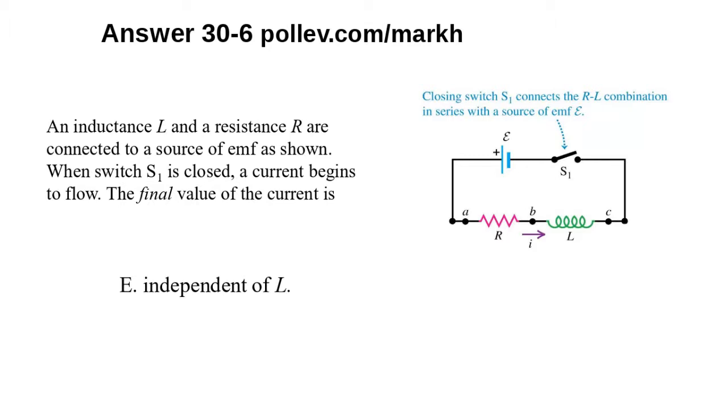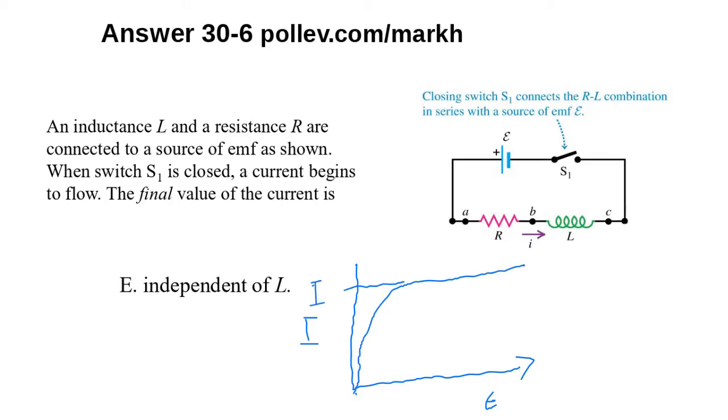Right, so again, come back to our time response of an inductor. Over time, our current looks like this, starts at 0, increases, the rate of increase slows, and it tends to some final value. And then the question was, what is that final value related to?